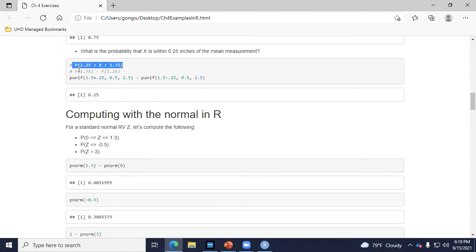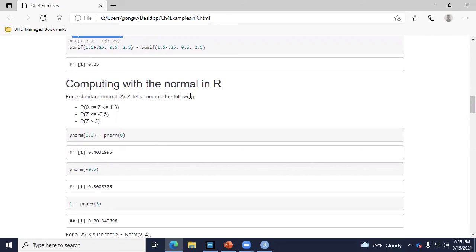And this is for the normal distribution, computing the normal in R. For a standard normal random variable Z, let's compute Z greater than or equal to 0 and less than or equal to 1.3.